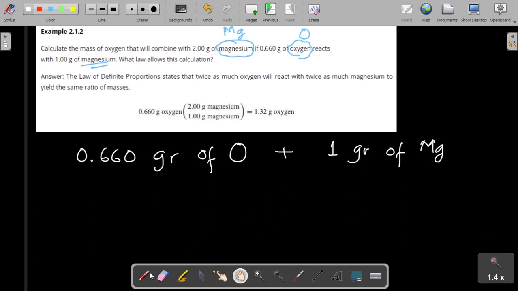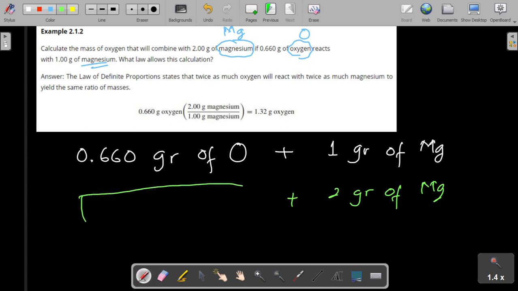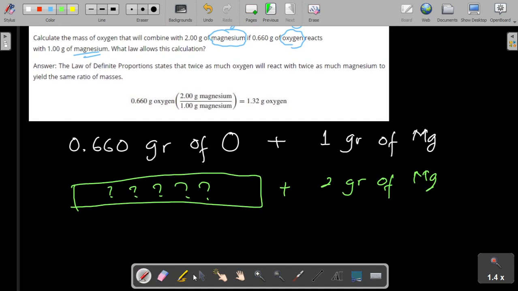So if we have 2 grams of magnesium here, then how much oxygen can react with it? So this is the question here. Actually it is simple, because this is one and this is two.